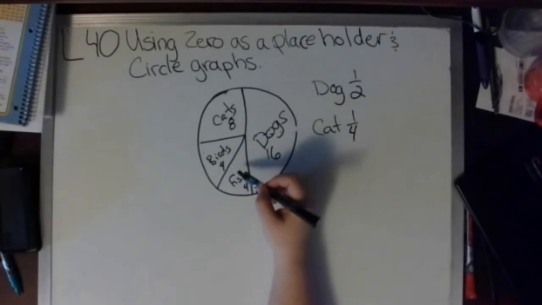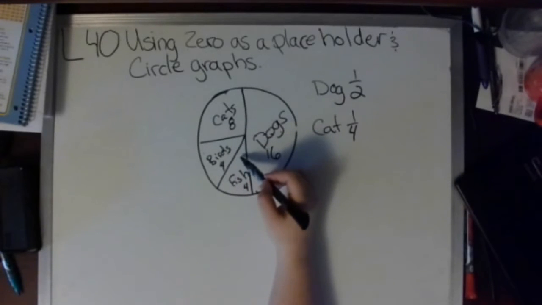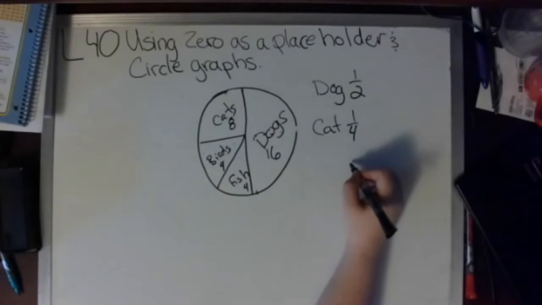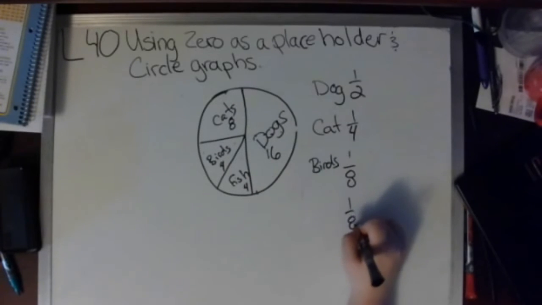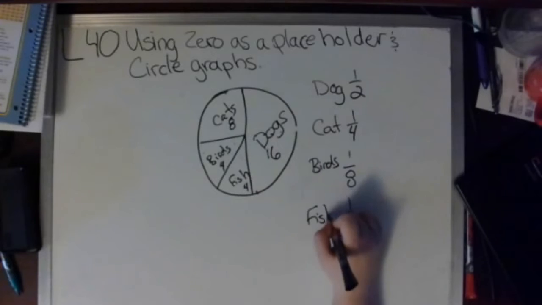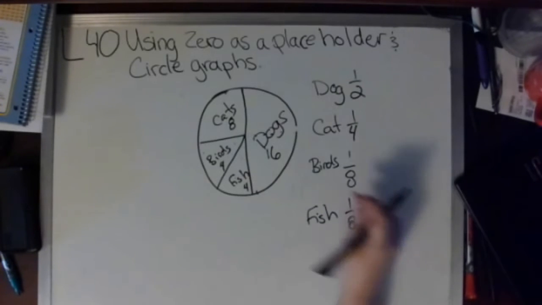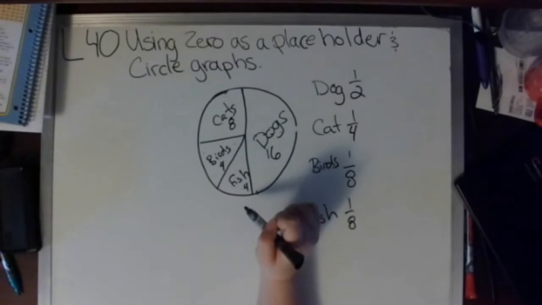Then I come to these ones and I'd have to figure out what fraction they are. Well, this is half of a quarter. So this would be 1, 2, 3, 4, 5, 6, 7, 8. So this would be 1/8 birds and 1/8 fish. Another way to figure this out would be looking at the numbers themselves. So this is 16, 8, 4, and 4.